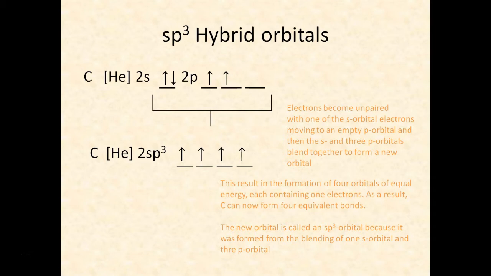And so now my carbon can form four bonds. This is a similar hybridization that the other elements past carbon in the same period would form. So nitrogen, oxygen, and fluorine, as long as they have only single bonds, would hybridize in an sp3 format.